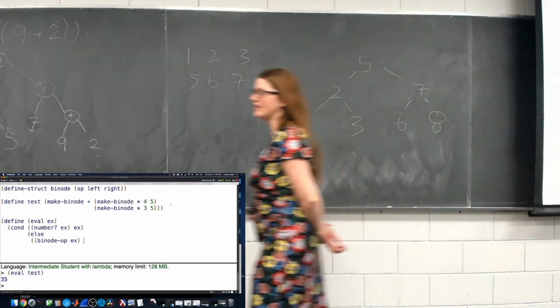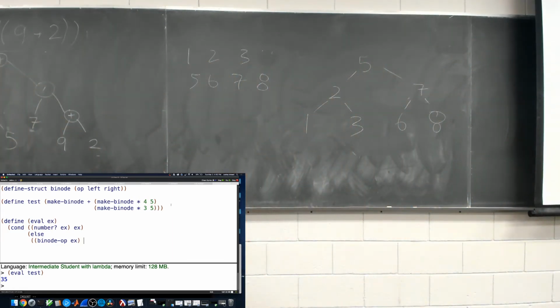We will be covering this shortly, but it's cool to see. So I am going to apply my operator for the current node to the result I get from evaluating the left, and the result I get from evaluating the right. Make sure all my brackets match.